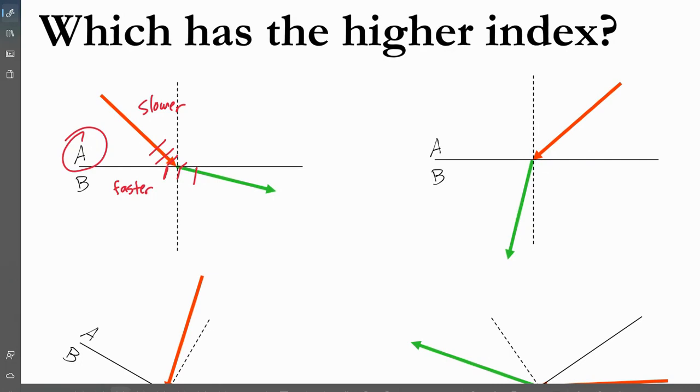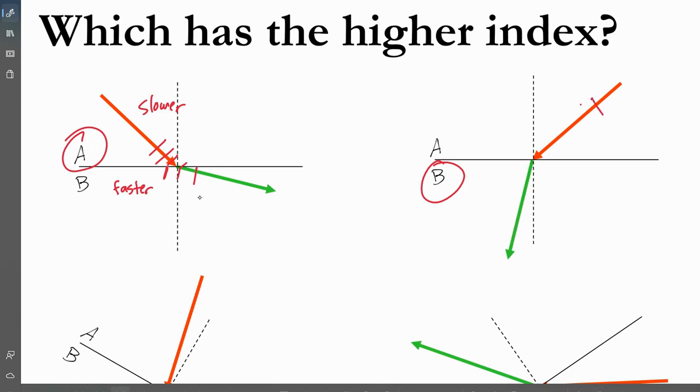All right. How about this top right one over here? A and B. So which one has the higher index of refraction? Well, it's whichever one is moving slower. In this case, it'll be B. Higher index of refraction is whichever one would be slower. Oh, I'm sorry, the arrow's pointing the other direction.